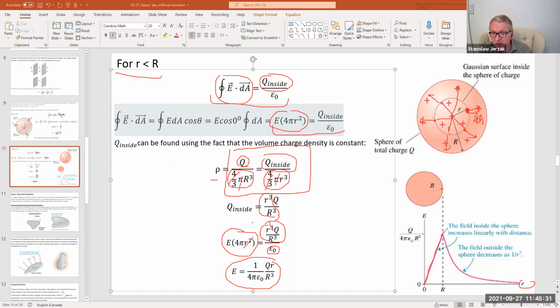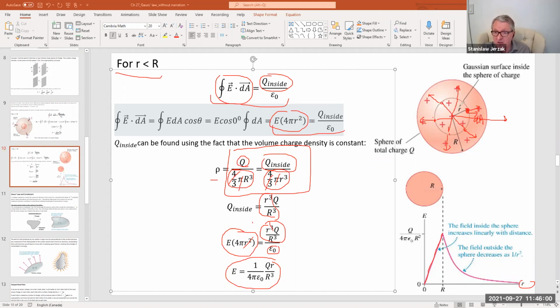Once you get to the surface of the sphere, when lowercase r is equal to capital R, then the electric field changes as 1 over r squared, which we showed on the previous slide. On the previous slide, remember, we took r larger than capital R, outside of the entire charge, and the electric field depends as Q divided by r squared, right? So this is the dependence, 1 over r squared.